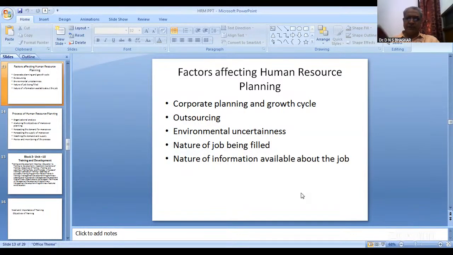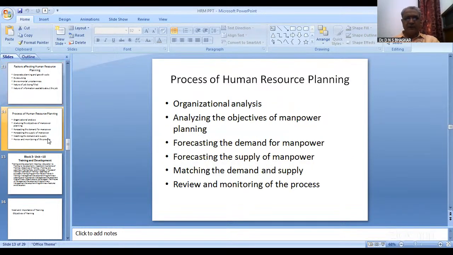Now we will go to the process of human resources planning. The process of human resources planning basically talks about organizational analysis. This is on page number 98 of your study material.